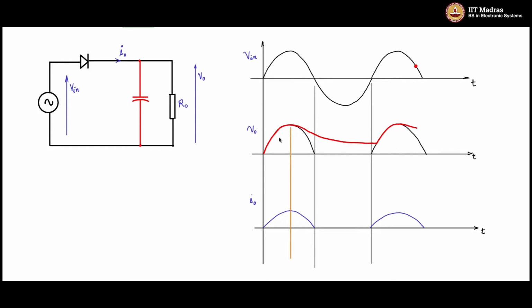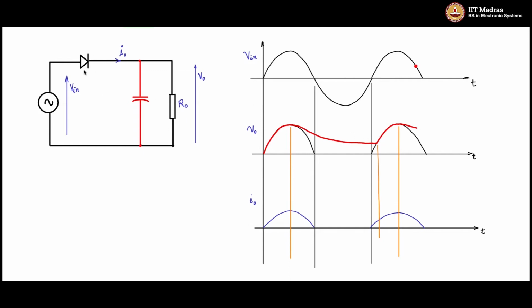So let us now also look at what happens to the current. See, the current is going to flow only during the period of time when the diode is forward biased. So when is the diode forward biased? During the first cycle, this entire portion of the time from 0 to the peak, the diode will be forward biased, and during subsequent cycles, from the point of intersection to the peak, the diode is forward biased.